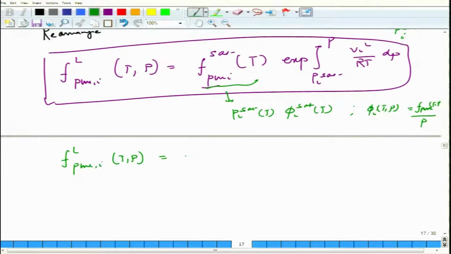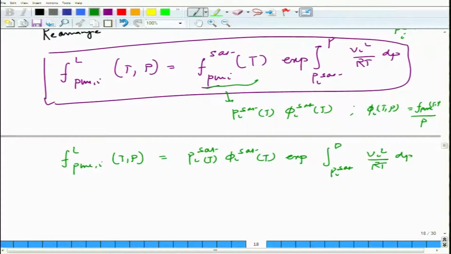I can write this as Pi sat multiplied by phi I sat, both dependent on temperature, then this term: exponential of the integral from Pi sat to P of VIL by RT dP.